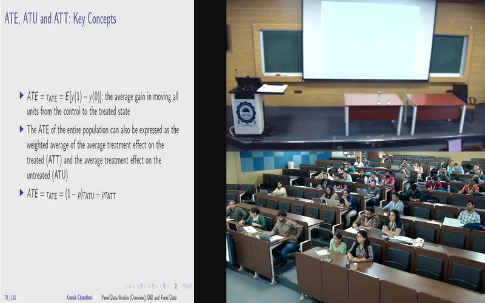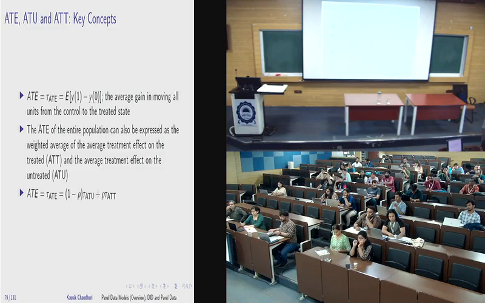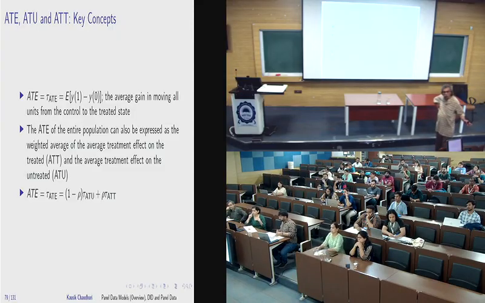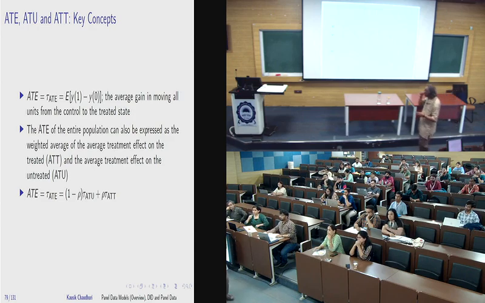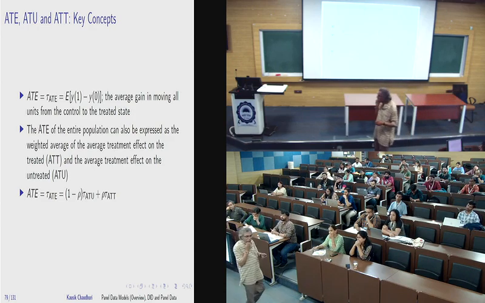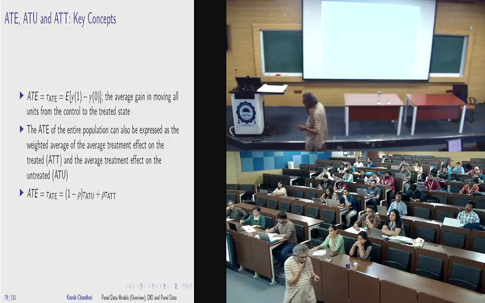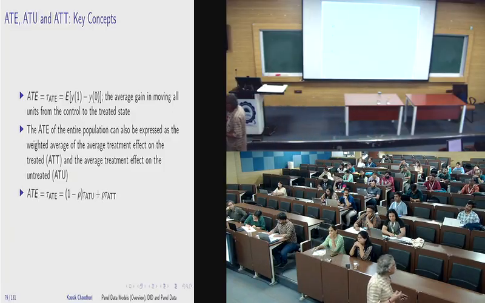So note ATE is nothing but expected value of y1 minus y0. So the average gain if I can move all of you in the other group, nothing more than that. Clear? So ATE of the entire population, I can express this as a weighted average of what? Of two different groups.